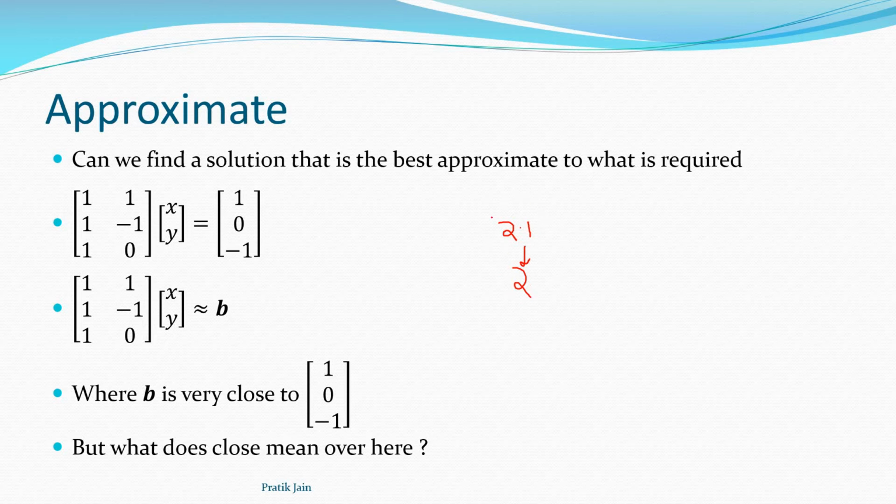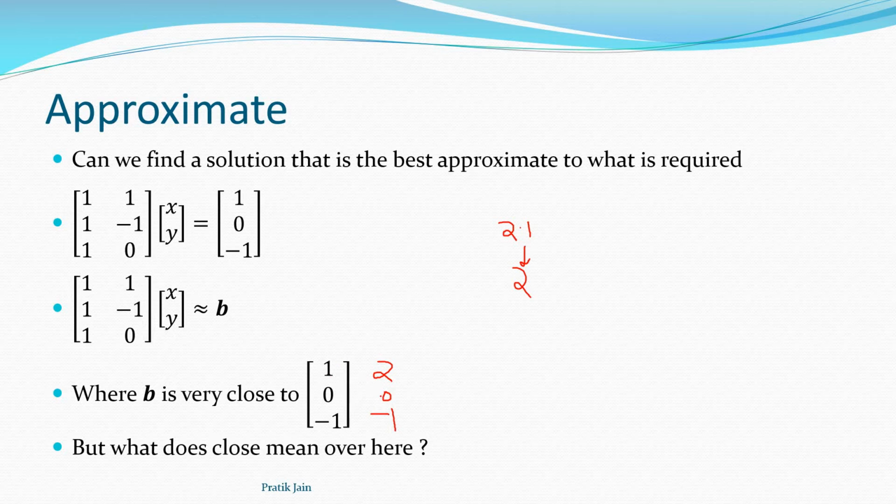But this makes sense when you just have a number, because you know which is greater and which is smaller. But with vectors, you cannot say whether a certain vector, say, 2 comma 0 comma -1, I mean, how do I call this vector close to this vector?